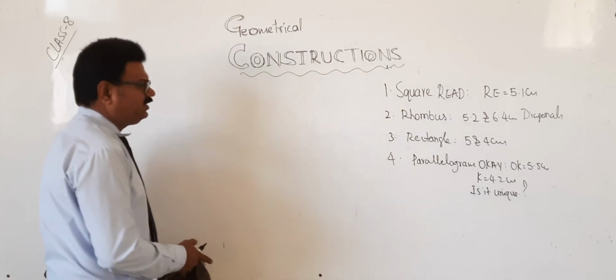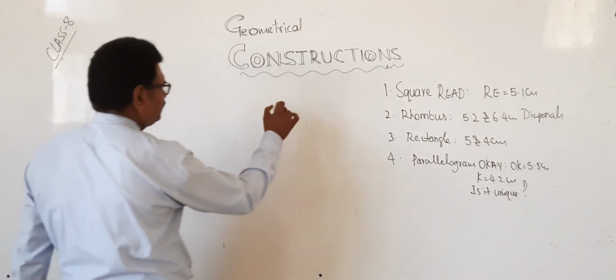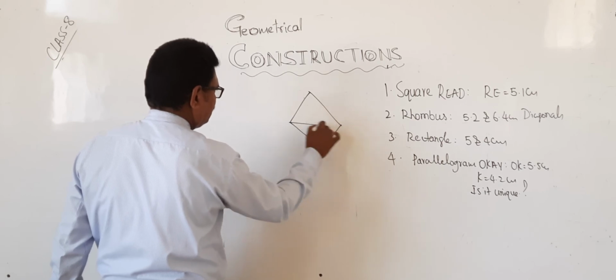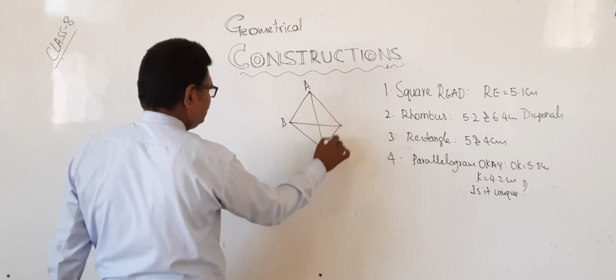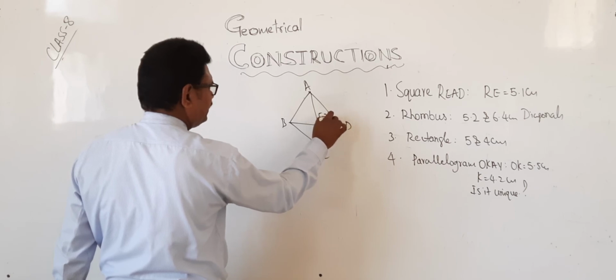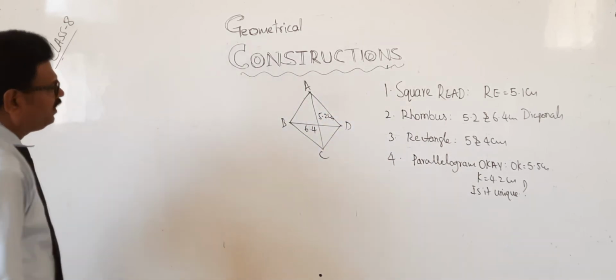Yes, the rhombus is very simple. Take any rhombus ABCD. The diagonals are 5.2 centimeters and 6.4 centimeters.